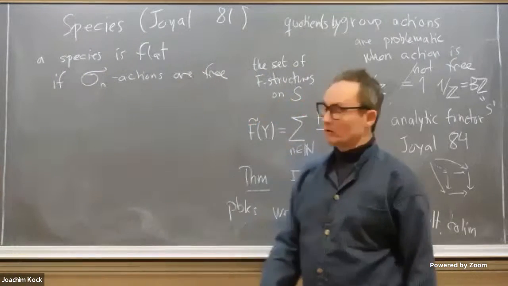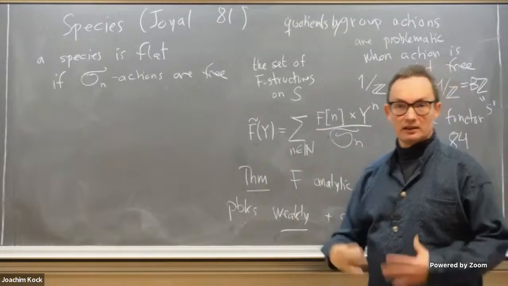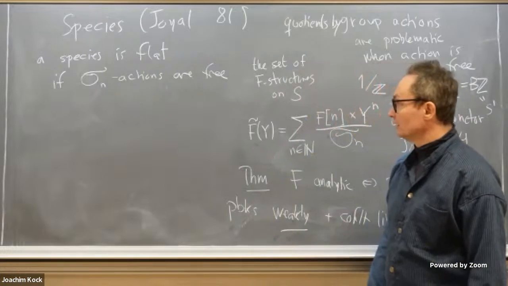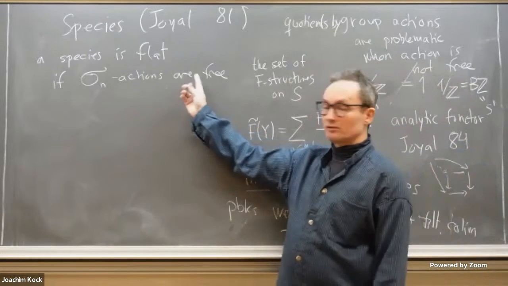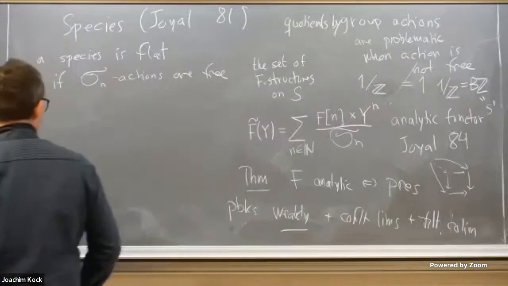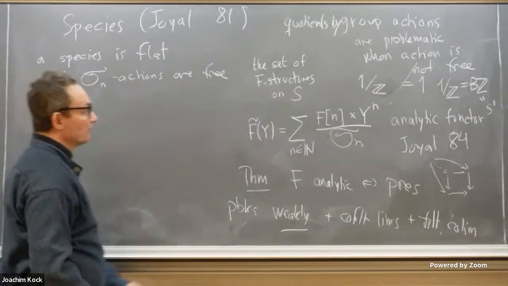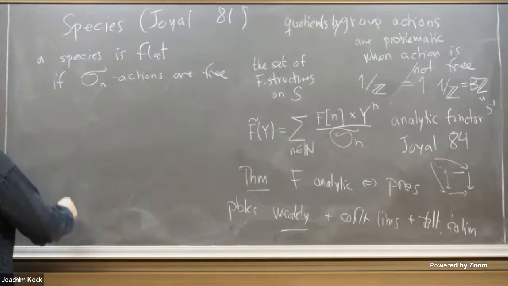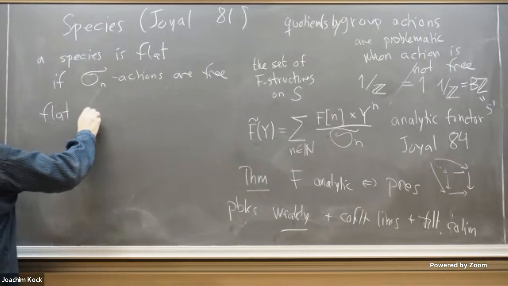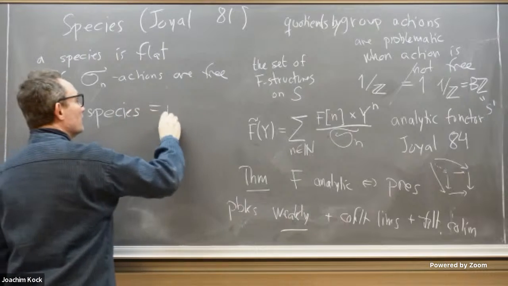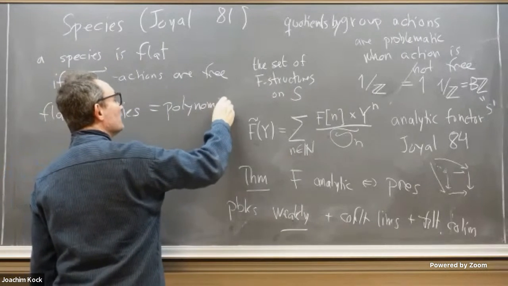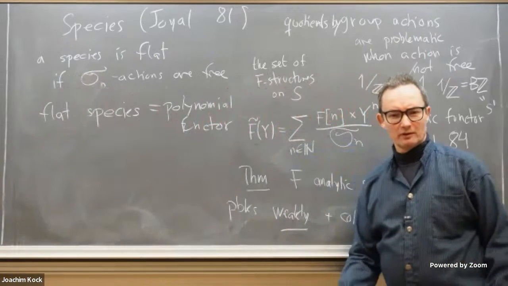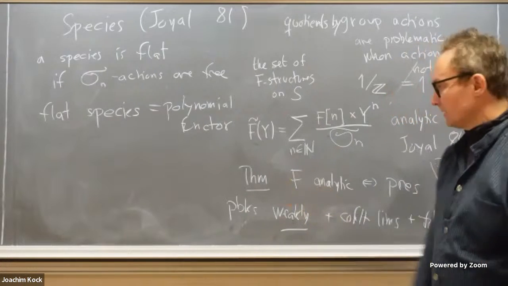And there are many combinatorial structures that are flat. Generally, whenever you have something rigid like planar trees or linear orders or things of the sort, then the group actions are actually free. And that means that this one can be absorbed into here and you end up with a polynomial functor. So flat species is polynomial functor. I'm glossing over some finiteness conditions. Sorry about that.